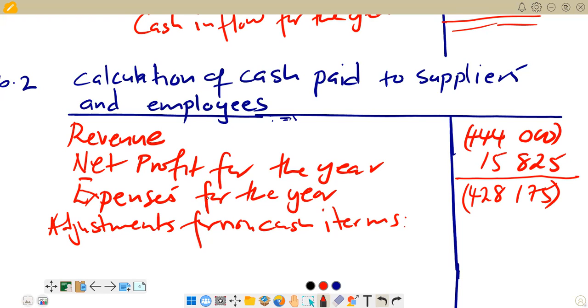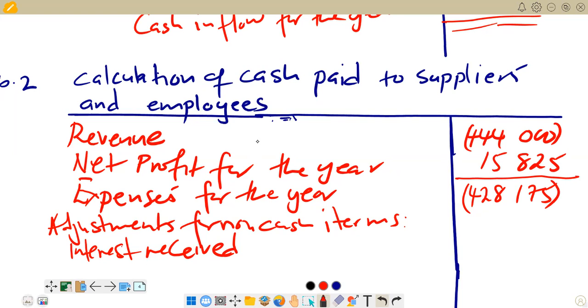We are going to first of all adjust for interest received. Interest received in the question. So remember, when we are calculating cash paid to suppliers and employees, all the income or profits that we are going to see, like profit on disposal, we show them as negatives, and all the expenses that we are going to see, we are going to show them as positives.